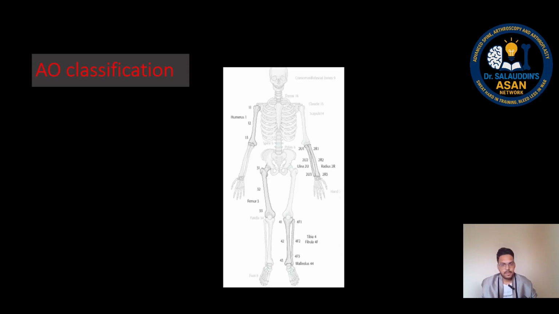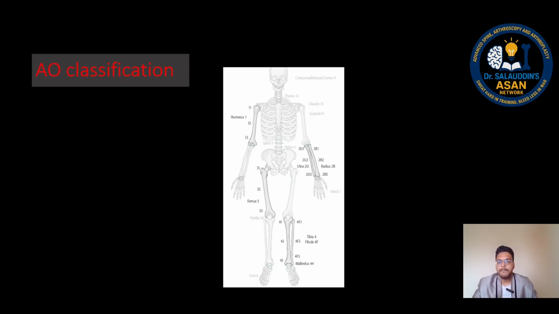So the AO classification system, this is the AO numbering of individual bones in the body. So the humerus is the first bone according to the AO classification, so it is given the number 1. The whole of the humerus is given as the number 1. As I have told you in the previous video, AO classification is an alphanumerical classification.